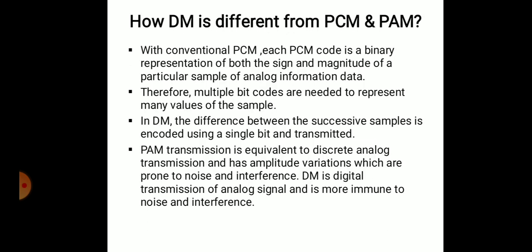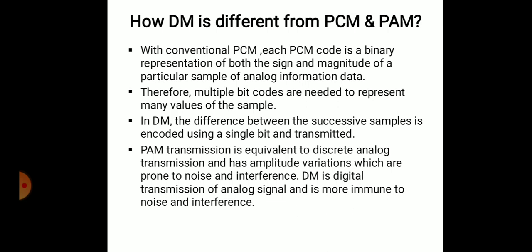Now how does delta modulation differ from PCM and PAM? First of all, with conventional PCM, each PCM code is a binary representation of both the sign and the magnitude of a particular sample of analog information.